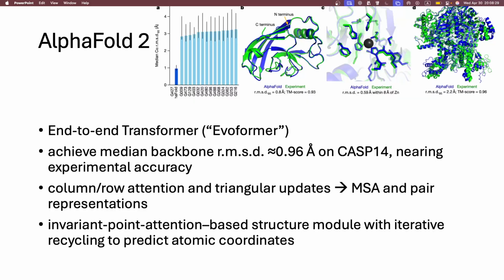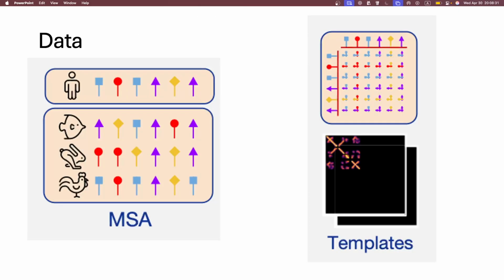I'll stop trying to describe it and just go into how it works. MSA we just discussed. MSA is our residue relations among other protein structures, among other amino acids, and now we have templates. What templates are is actually just positions.